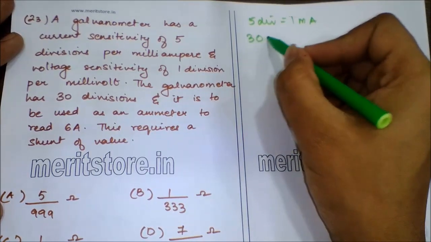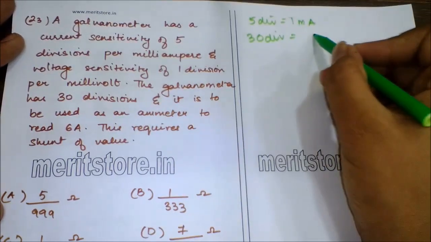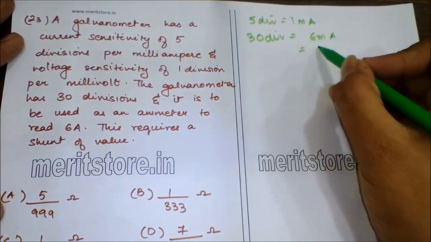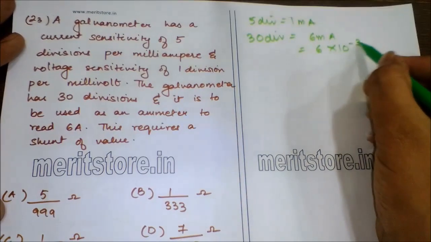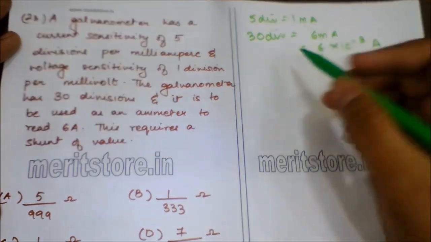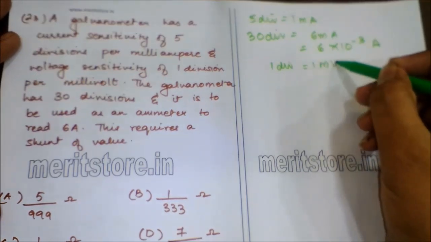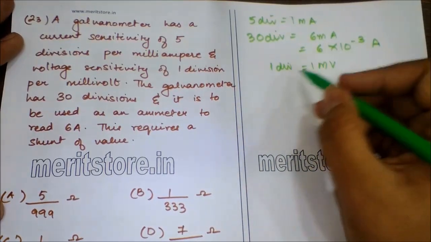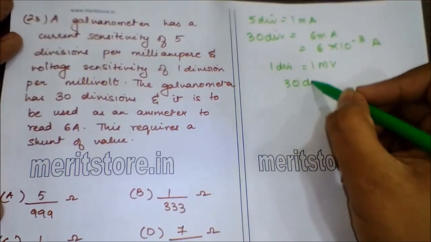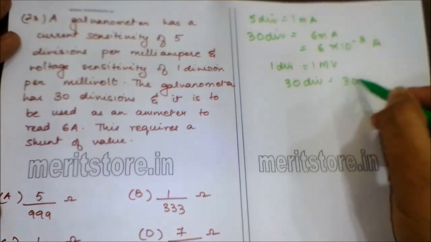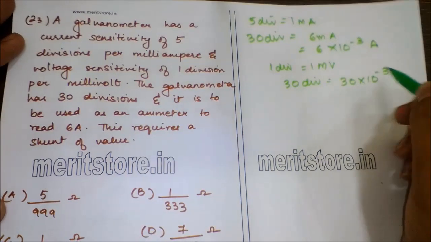So 30 divisions will be 6 milliampere, which is equal to 6 into 10 raised to minus 3 ampere. So 1 division is equal to 1 millivolt. 30 divisions will be 30 millivolt. So 30 divisions can also be written as 30 into 10 raised to minus 3 volt.